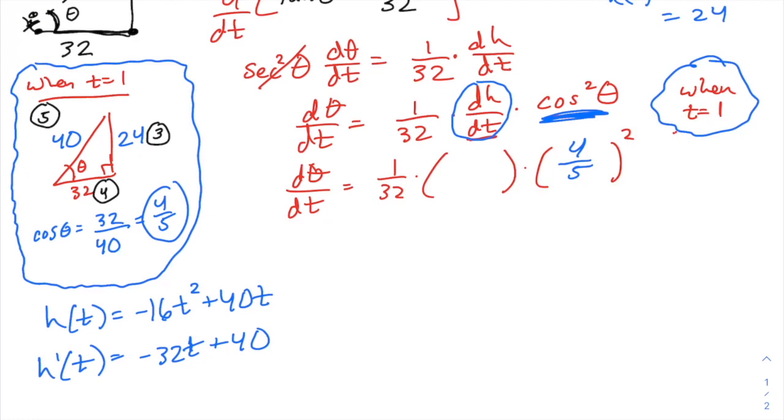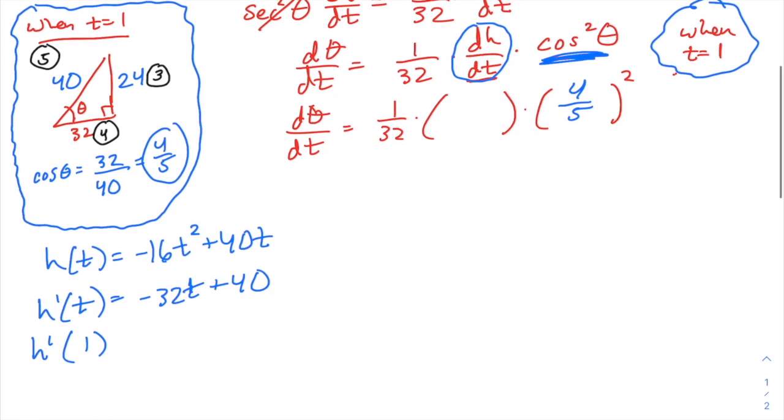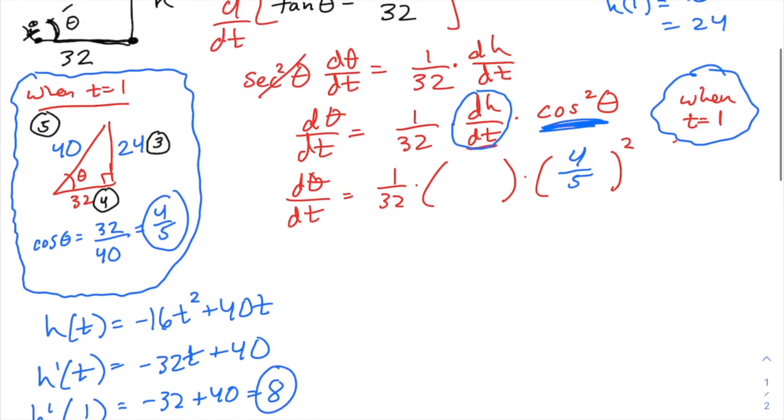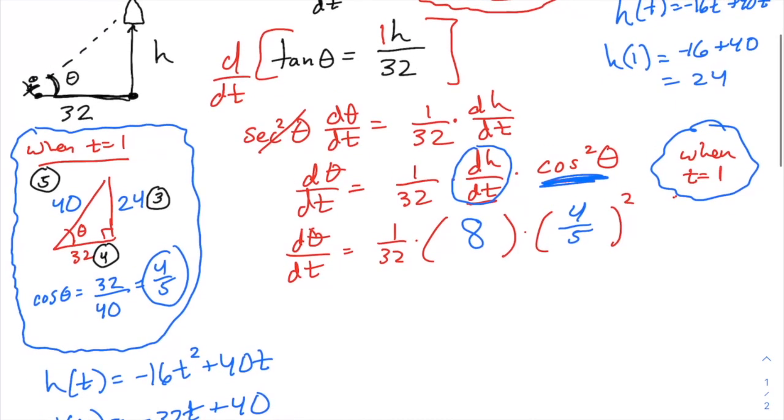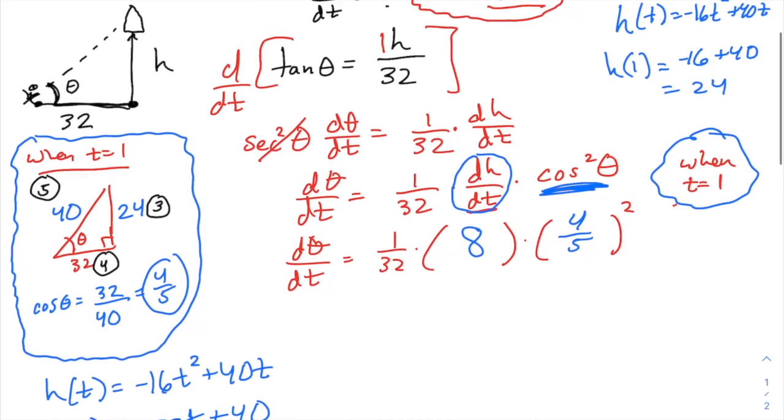So specifically, dh dt at 1 would be plugging 1 into this derivative, into this velocity function. And its velocity at that moment is 8 feet per second. It's slowing down, it's getting near the top, but its velocity is still positive, it's still on the way up. So at this one moment of 1 second, dh dt, or h prime, is 8.